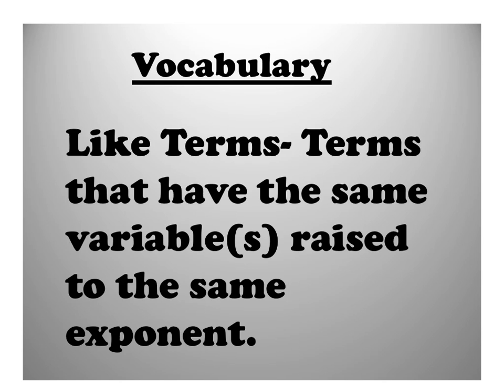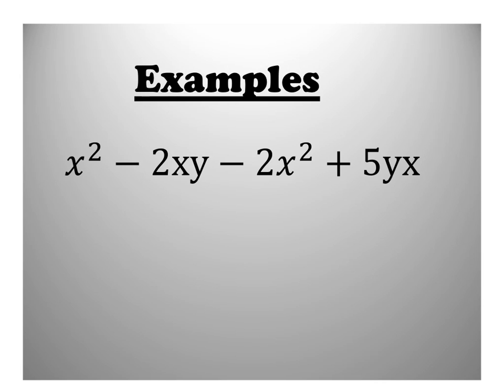Our next vocabulary word is like terms. What are like terms? They are terms that have the same variable or variables raised to the same exponent. So if we look here at this example, we have x squared minus 2xy minus 2x squared plus 5yx.